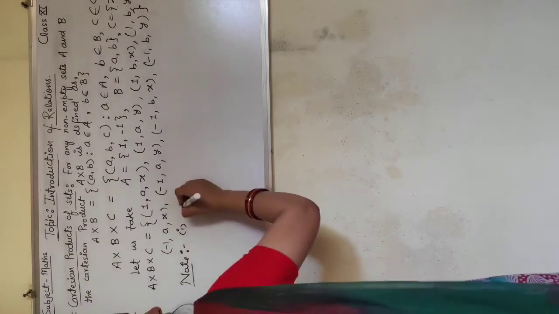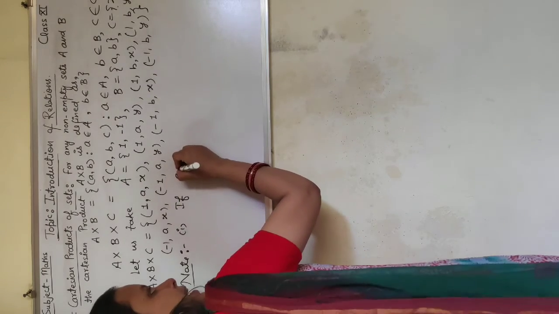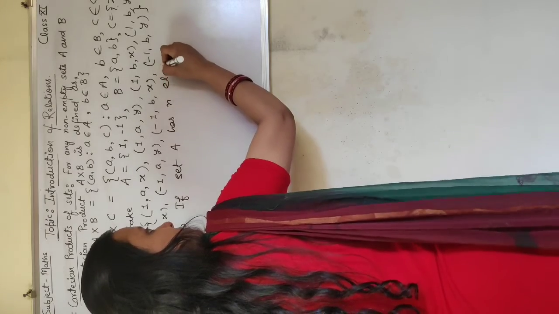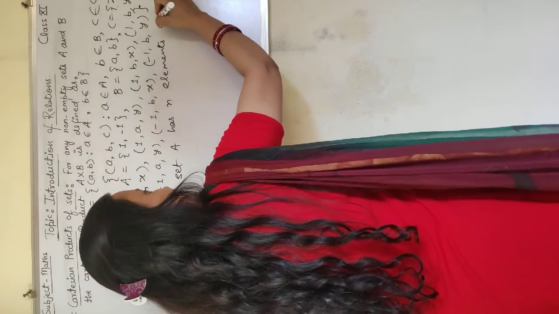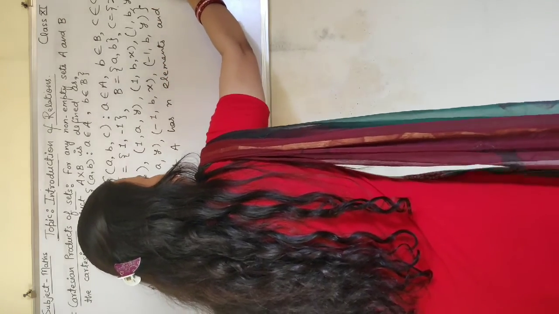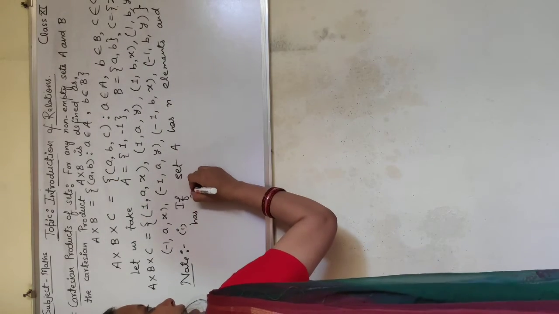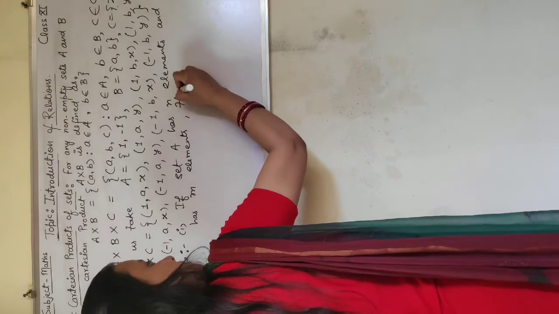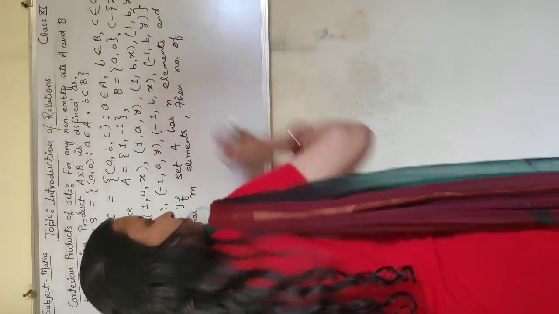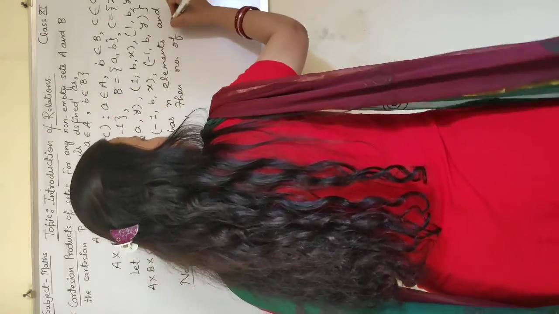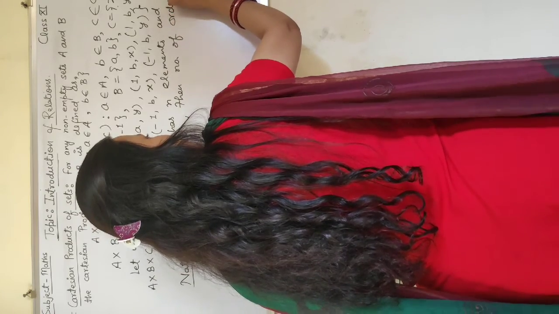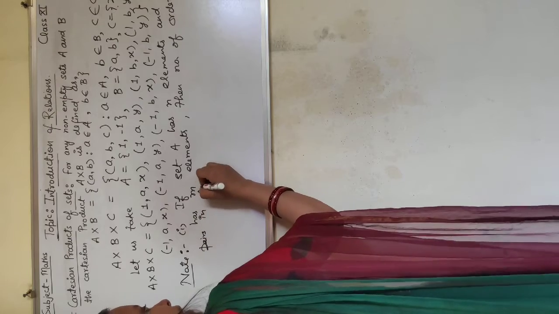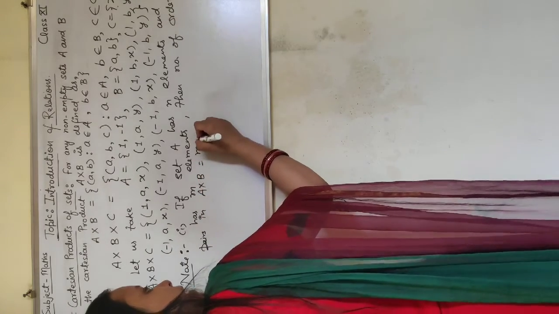First is, if set A has n elements and set B has m elements, then the number of ordered pairs in A into B is equal to mn.